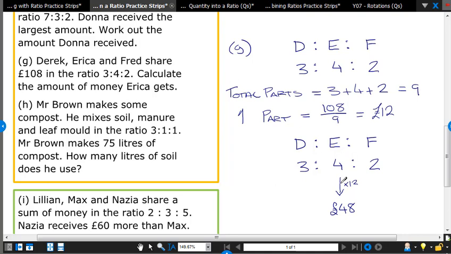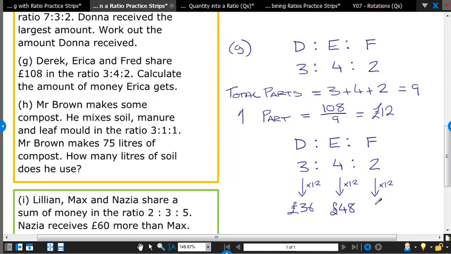We don't really care. But if we did care, we could see that Derek should get 36, and then Fred should get 24. We're not asked that, but if you are, it's just a pound symbol.